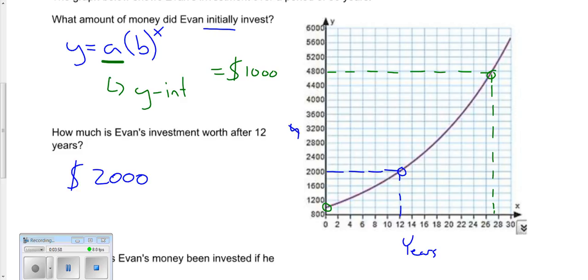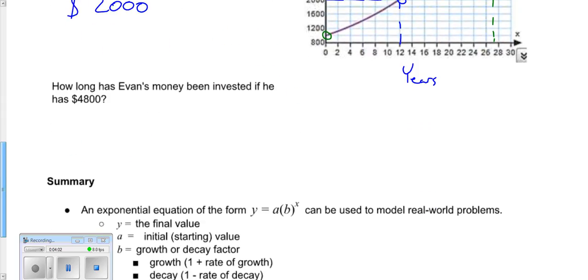Okay. And that's going to end up roughly at about 27 years. So approximately 27 years is how long he's had his money invested for.